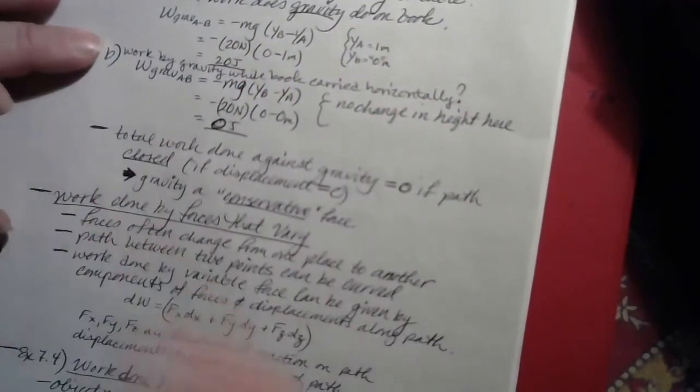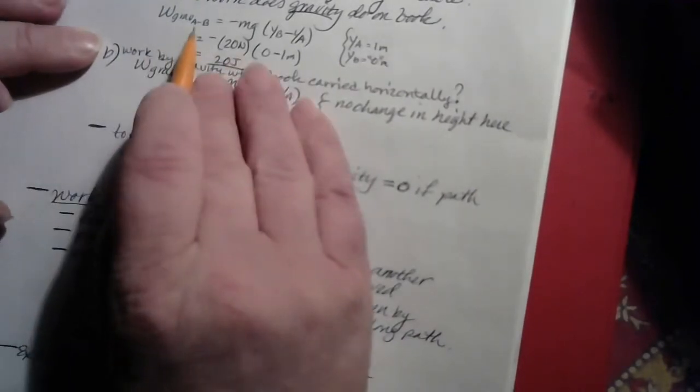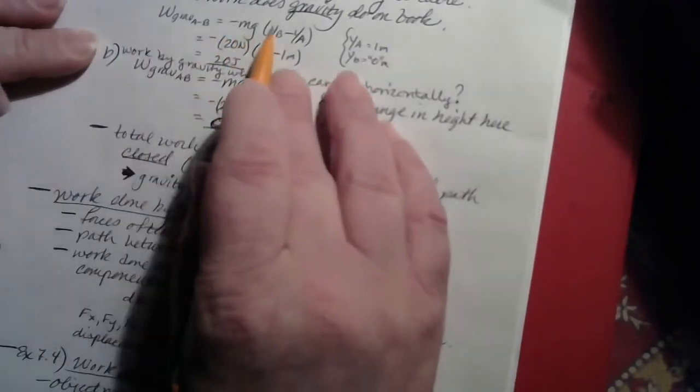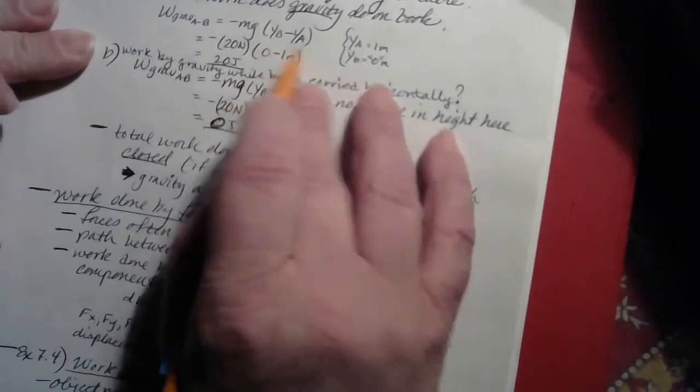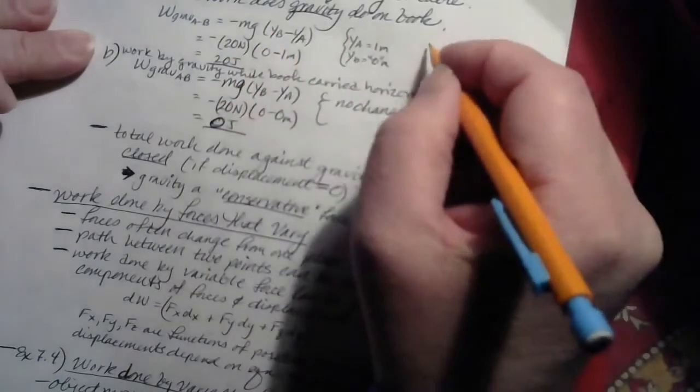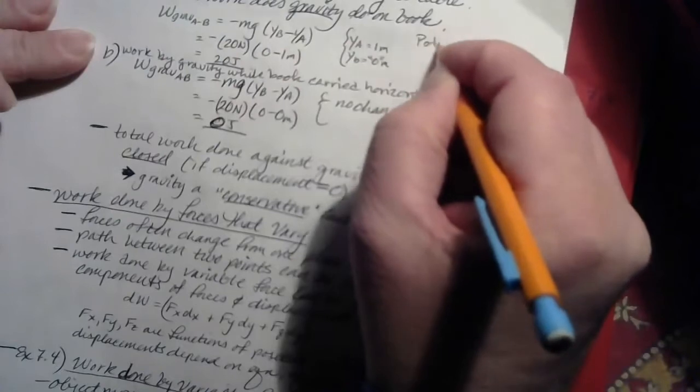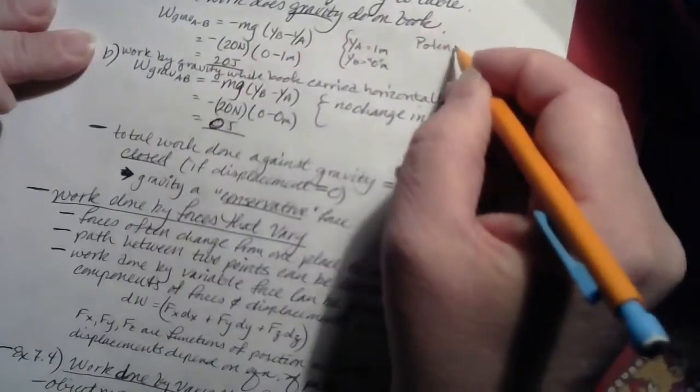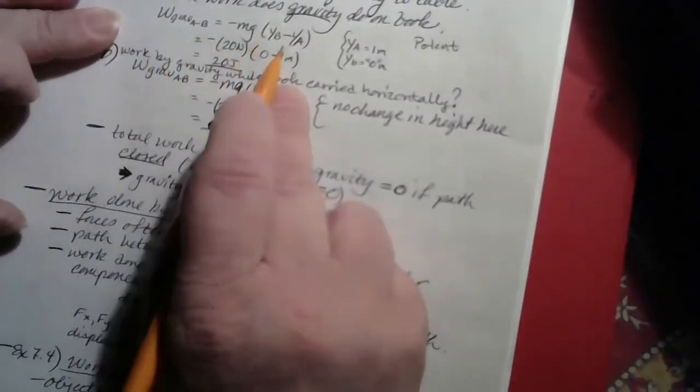You might wonder, how much work does gravity do on the book? Well, we come to the equation: work due to gravity is equal to negative mg times the change in position in the y direction. And as it just so happens, what you're actually calculating here is the change in potential energy.